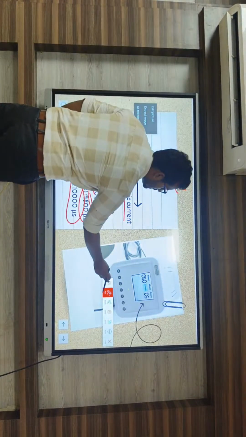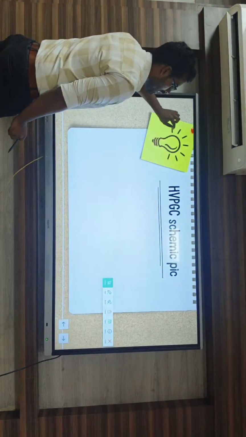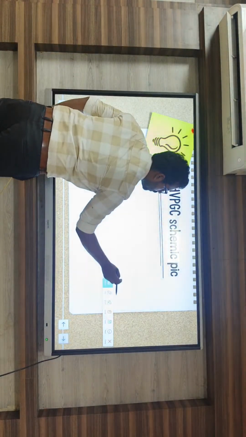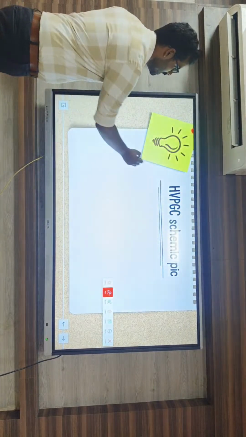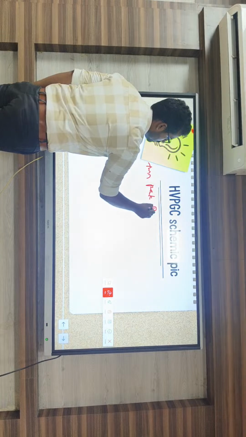So coming to the schematic picture of the high voltage pulsed current. What is the basic definition? This is the twin peak pulsed monophasic current.